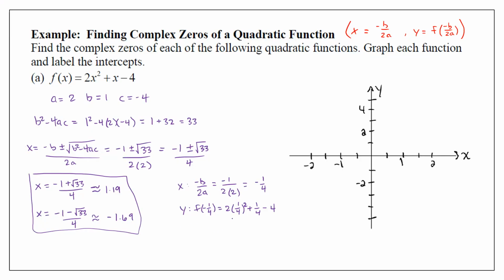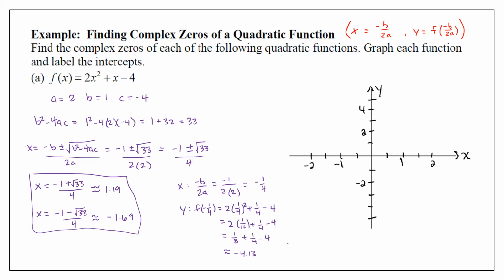Okay. Now we can simplify this. So 2 times 1 over 16 plus 1/4 minus 4. Simplifying this some more, we'll get 1 over 8 plus 1/4 minus 4. Now you can definitely enter this into your calculator to help you get your value. And so this will approximately equal negative 4.13.